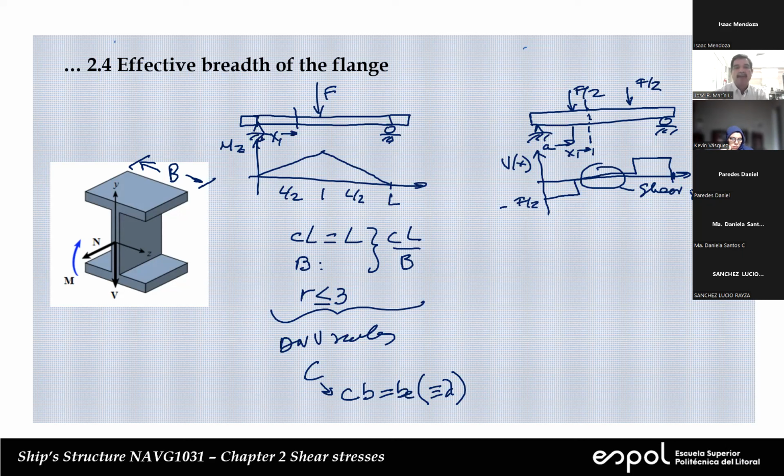Okay, so theoretically, in this case, if this is the section, this is X. Theoretically, we expect the normal stress distribution to be like this. Compressive, but uniform.